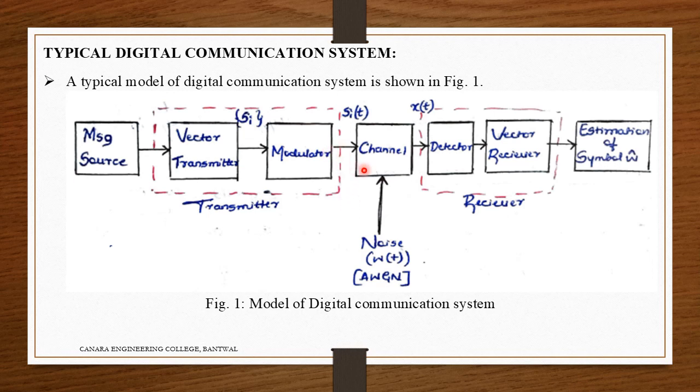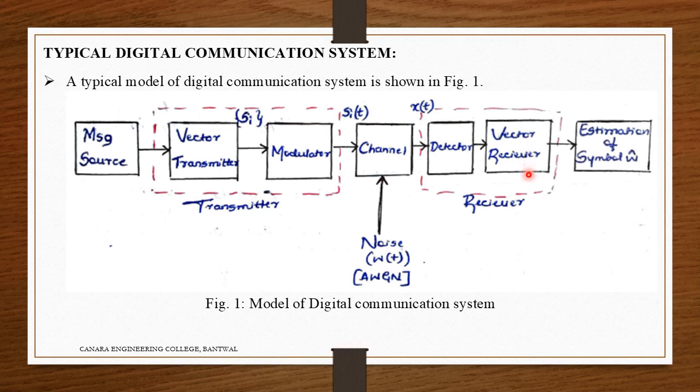After that it is passed on to the channel, and then the noise W of t, which we call additive white Gaussian noise, is added in the channel. Si of t plus W of t constitutes X of t. Then it is given to the detector, which detects the signal and separates it into different planes in the vector receiver, x, y, z.